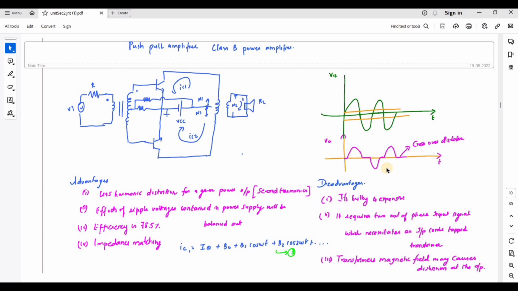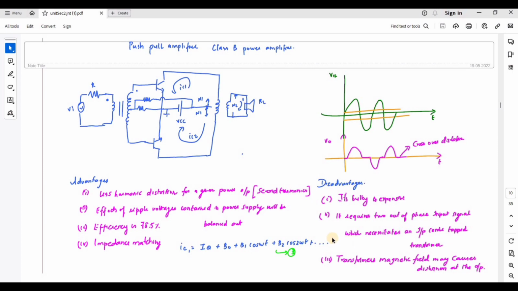Next let us calculate the efficiency of the class B push-pull amplifier. We know that IC1, the AC current, is equal to IQ, where IQ is nothing but the DC value of the output current of the Q1 or Q2 transistor, plus B0 plus B1 cos omega t plus B2 cos 2 omega t and B3 cos 3 omega t, and it goes on.